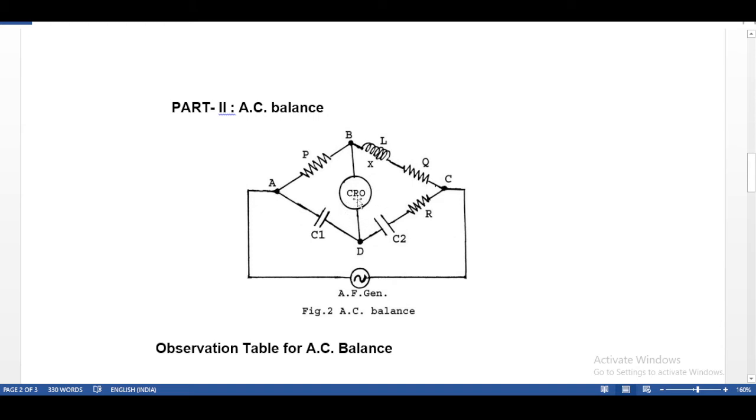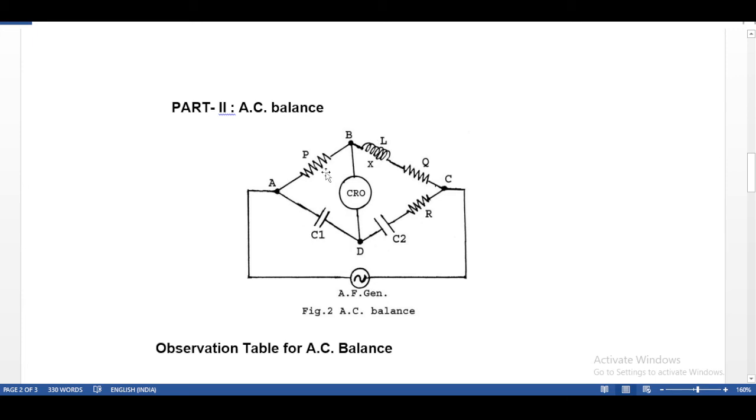One can use headphones also, but on the CRO it is clearly visible as the values of P, Q, R and C vary. We are able to see the actual variation of the spot deflecting on the CRO screen, and therefore the table galvanometer is replaced by the CRO and the DC source by the audio frequency generator, and in the remaining components there is a slight variation.